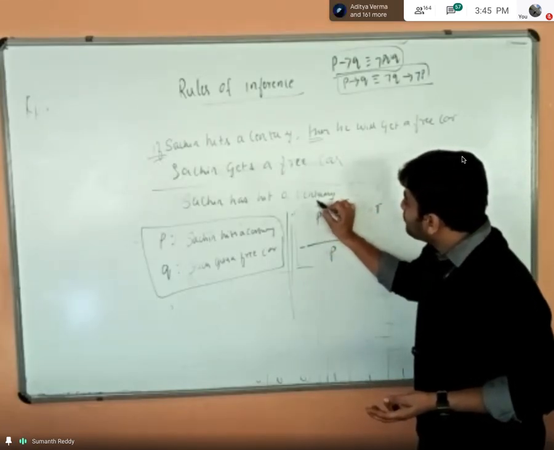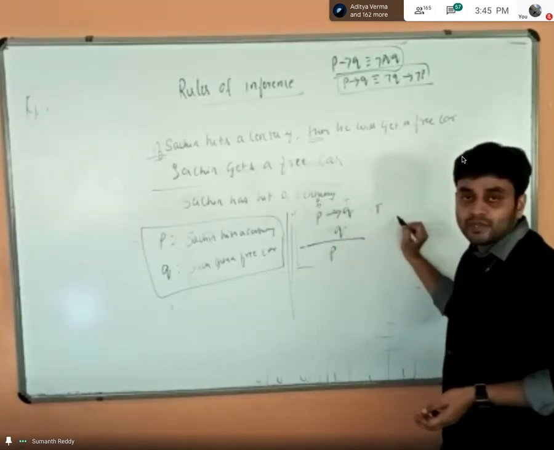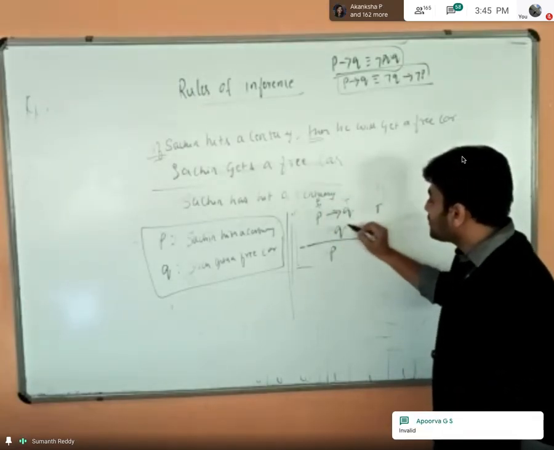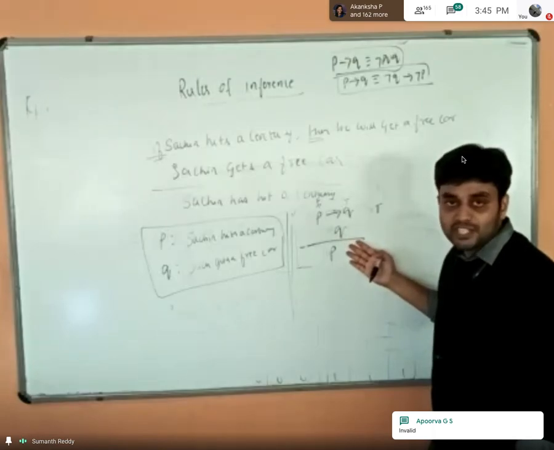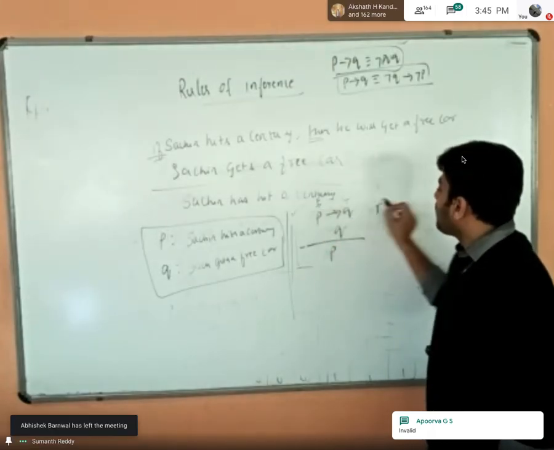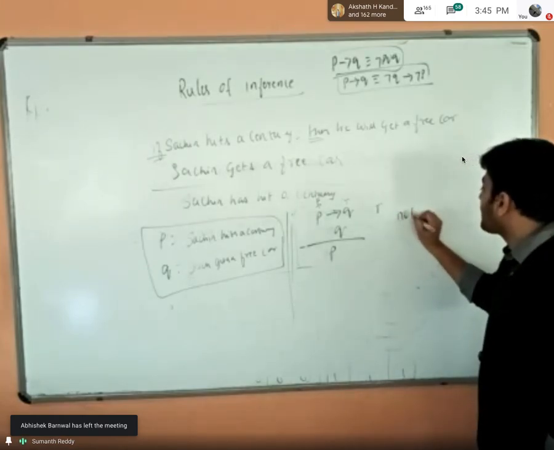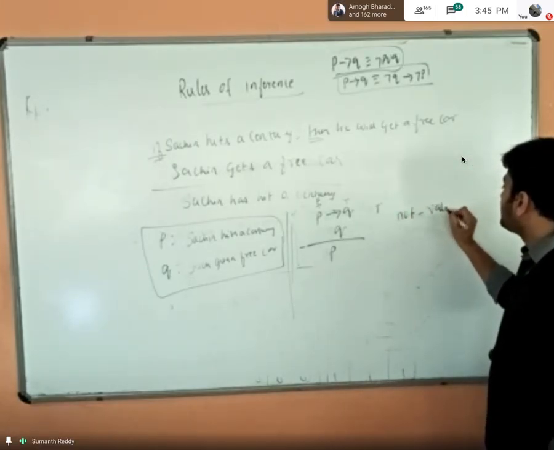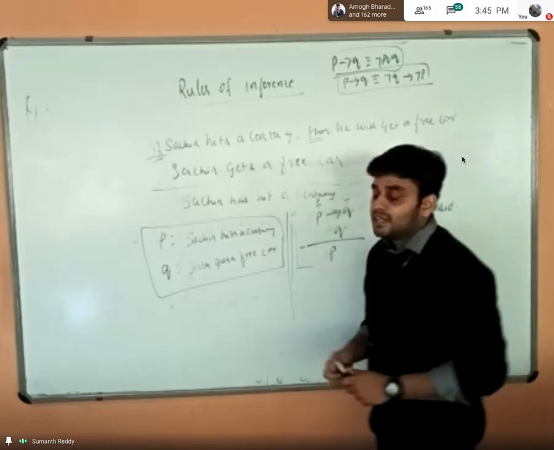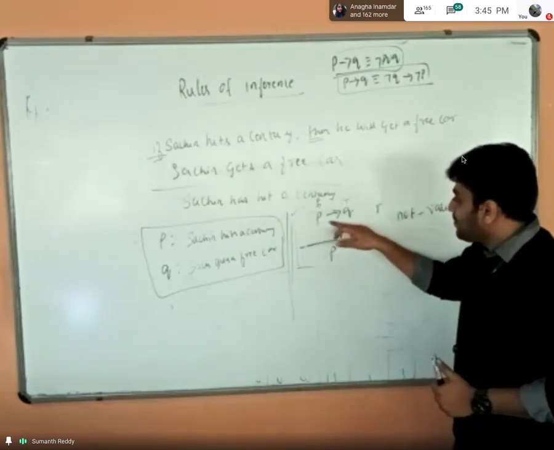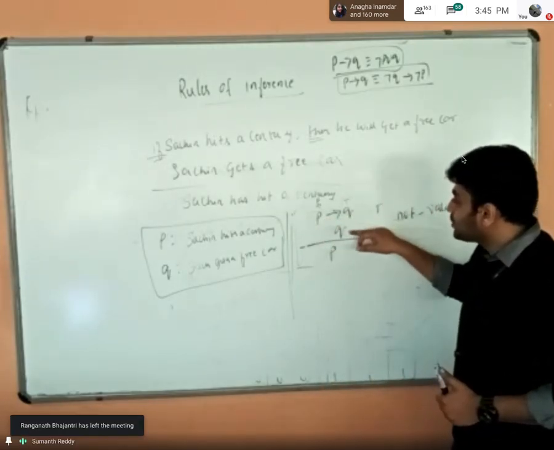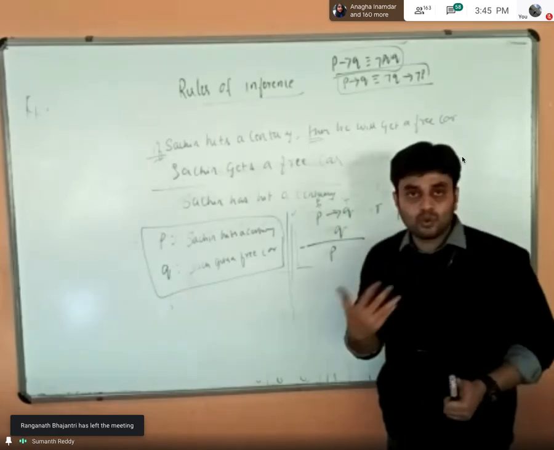Or if you keep the value of P as false, also the result will be true. So this is not sufficient for me to tell whether P is true or not. So with this, what I can conclude is the given argument is not valid. You have to write in the exam, it's not valid. That's all. Correct, right? So with these premises, that is P implies Q is true and Q is true, I cannot conclude whether P is true or not.